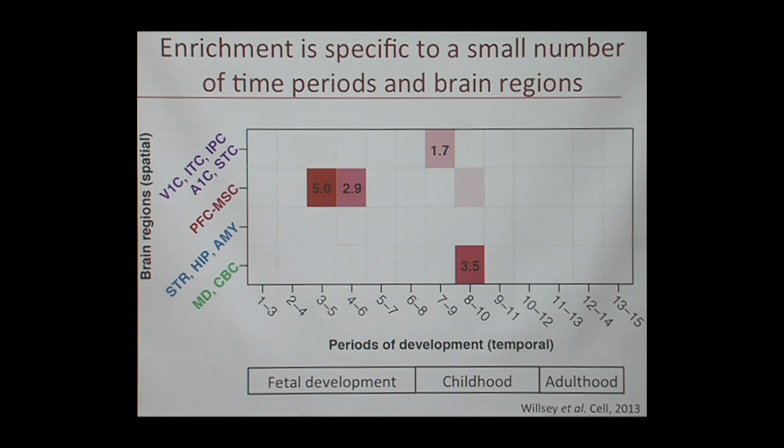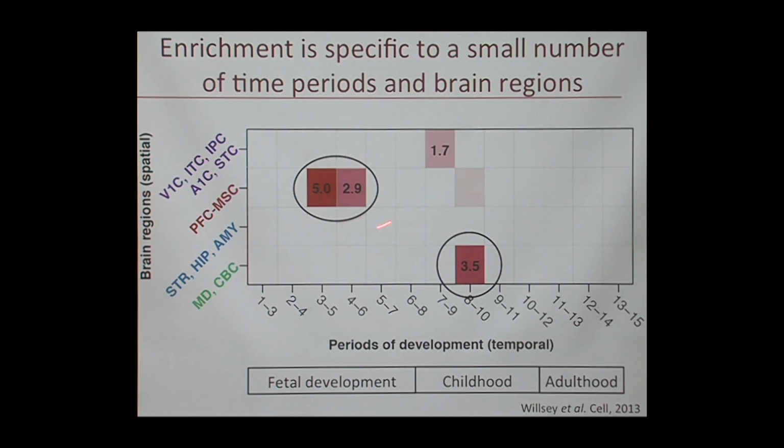This is birth, and here's childhood and adulthood. And he asked, how often do I see those genes clustering together? Do they rise and fall in the same place? And he looked along different regions of time, in different regions of the brain. And what he found was there were these two time and region places where we see a really dramatic enrichment together.